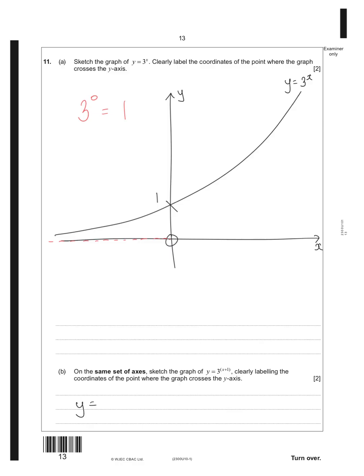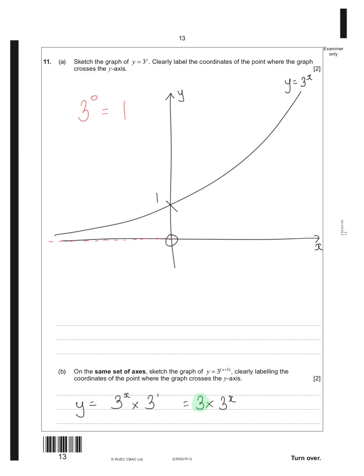So back onto part B, I'll stop jumping about now. You may want to think of this as 3 to the power of x multiplied by 3 to the power 1, which can then just be written as 3 multiplied by 3 to the power of x. So you can just see then that this is a transformed version of the graph that we just drew.